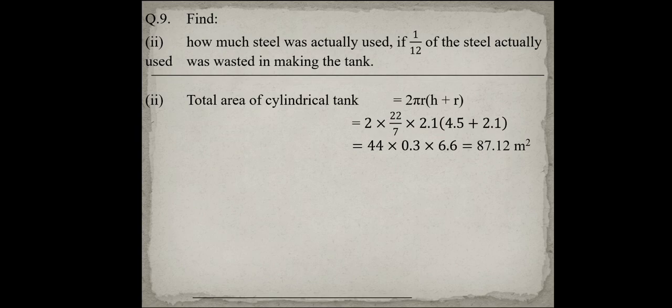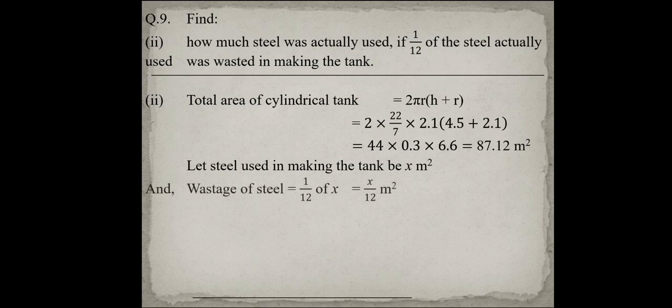Now see how much steel we required. Let the steel used in making the tank be X meter square. Now 1 by 12 of the steel actually used was wasted. It means 1 by 12 part of that steel was waste. So the wastage of steel is equal to 1 upon 12 of X, that is X upon 12.